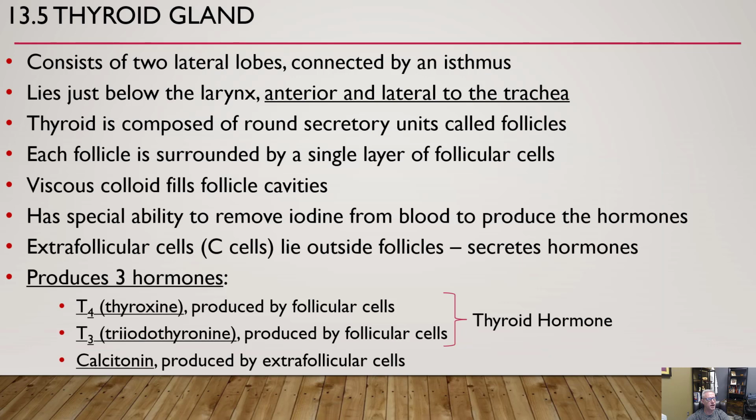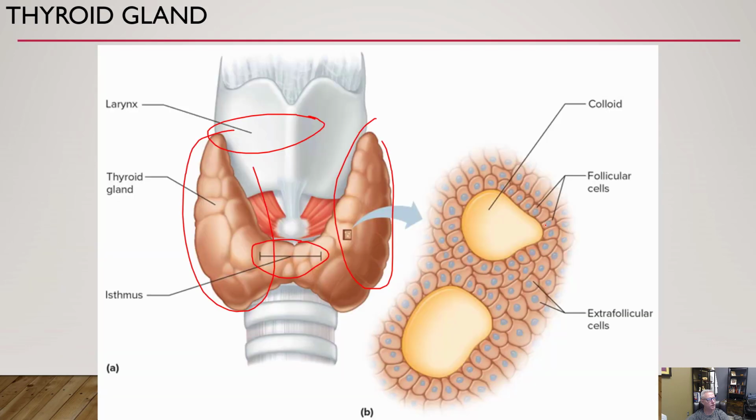Your thyroid is surrounded by these secretory cells called follicles or follicular cells. These are your follicular cells right here that surround these things called colloids, and then we have extrafollicular cells, or cells outside the follicle.